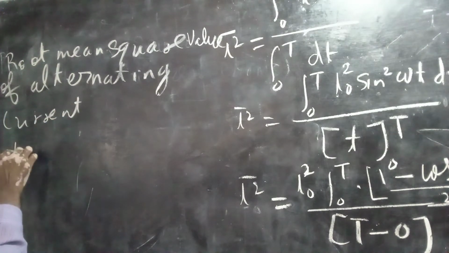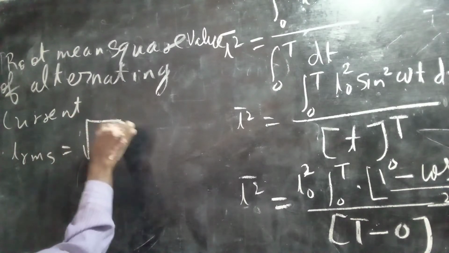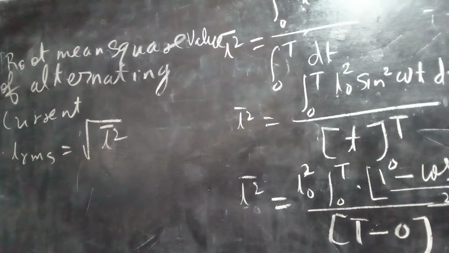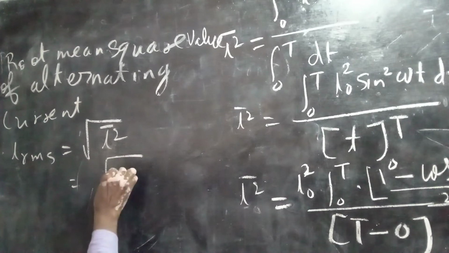IRMS is equal to the square root of I square bar, the square root of the mean square value of alternating current. I square bar is I0 square upon 2.